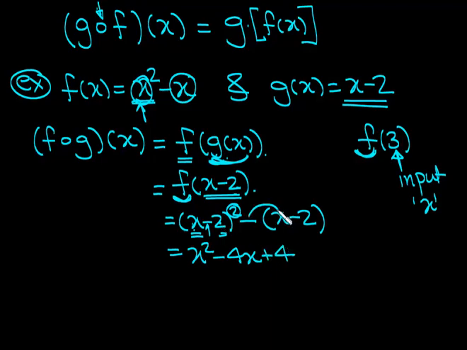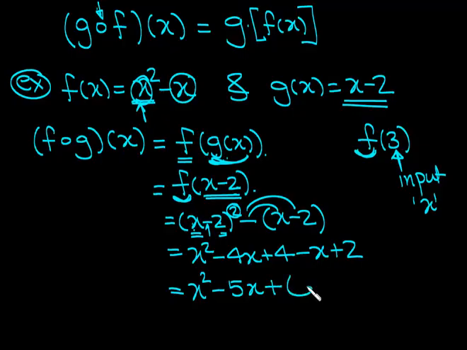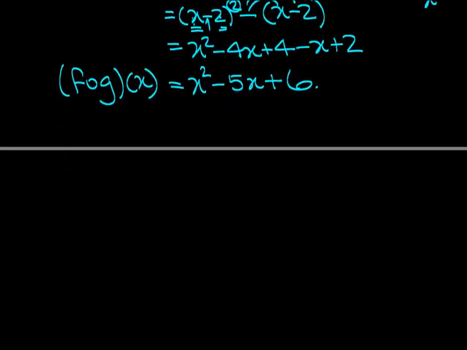Out here we distribute the negative, so we get negative x plus 2. So we end up with x squared minus 5x plus 6. There is your composite function f ∘ g of x.